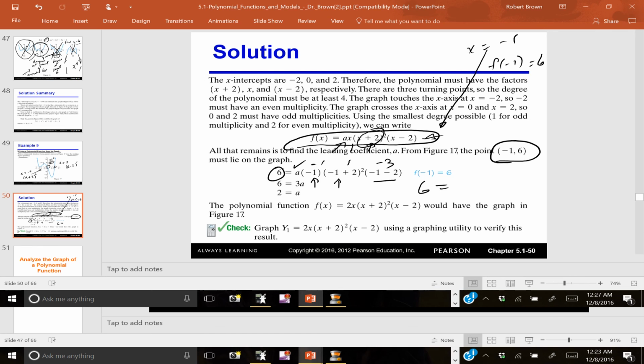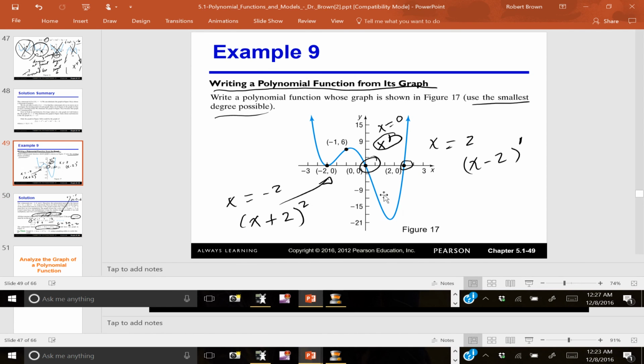So that is 3a. So a is equal to 2. So the function we're talking about is 2x times x plus 2 squared times x minus 2. Now, you can check it by graphing it, and indeed you will find it will be the graph that's shown here.